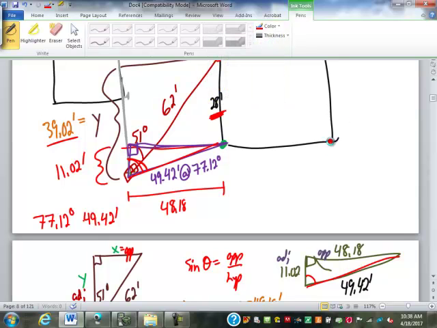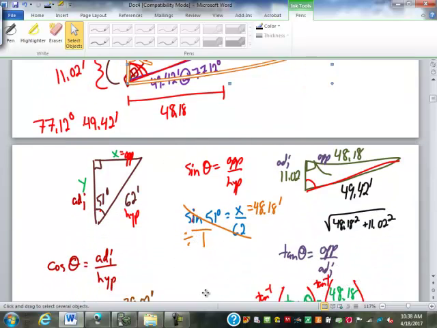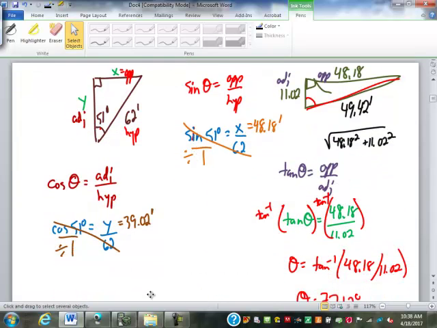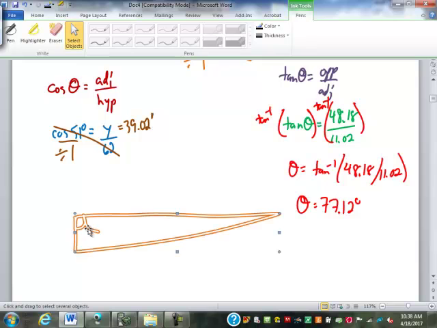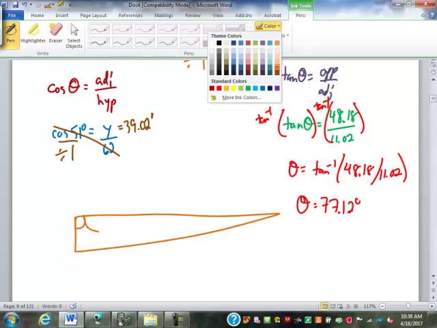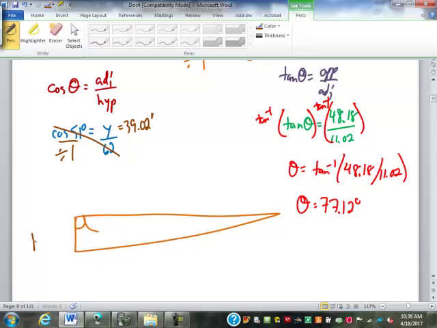So now what if I wanted to locate this point? Well, I have a triangle there, so it looks like this. Let's pull that triangle out and talk about it. I know this side of the triangle here is 11.02 feet.